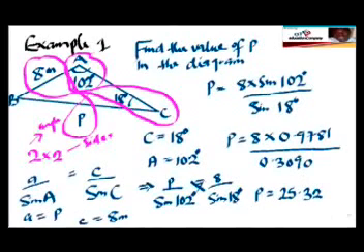So my P is 25.32 meters. That is what I'm having as P. It's quite a long line.